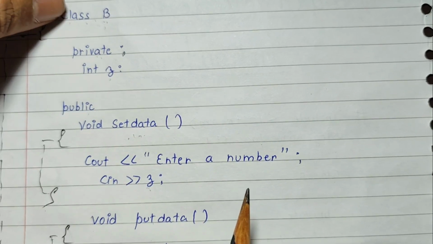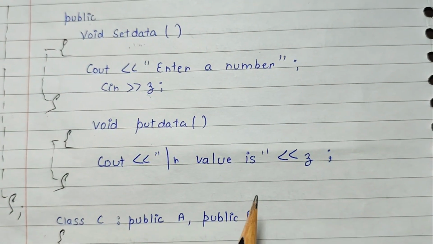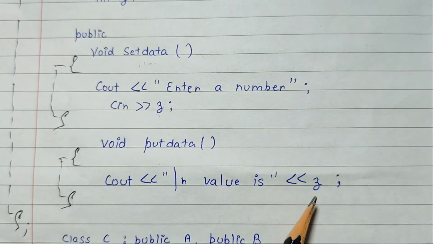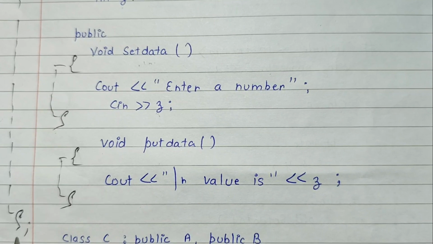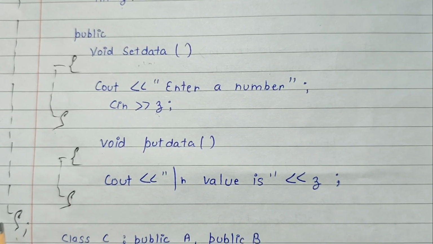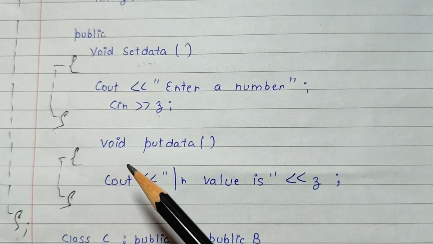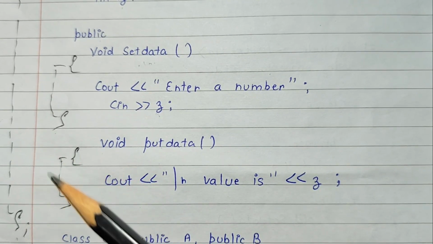Using the putdata member function I am displaying the value of the Z variable. That is our private data member, and here the class is terminated. This is also possible: two base classes can have member functions with the same name.